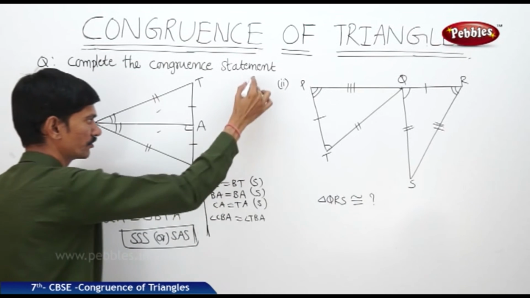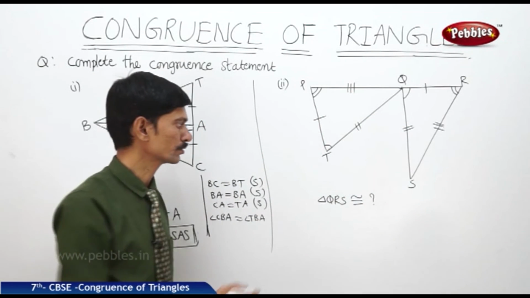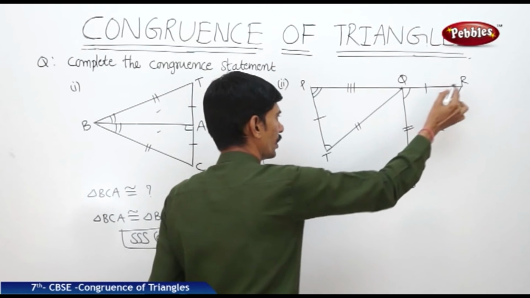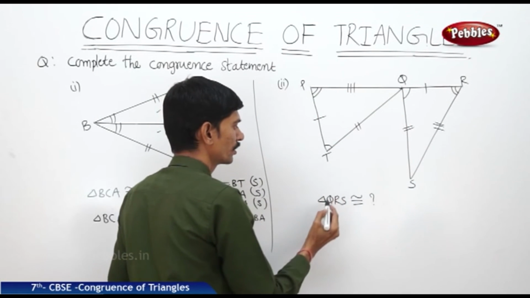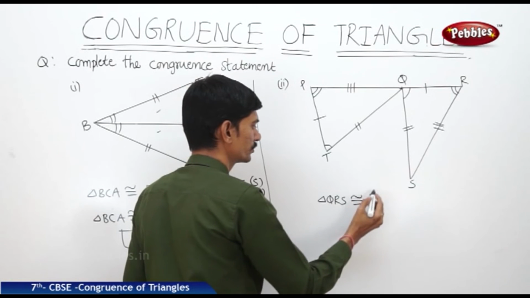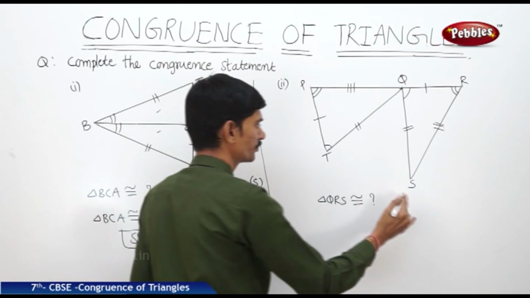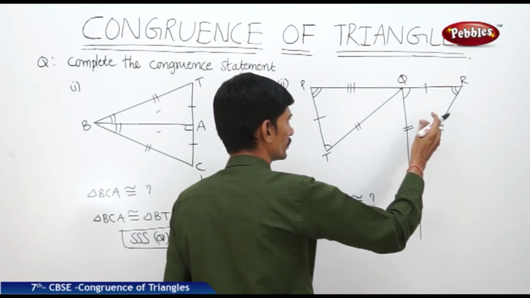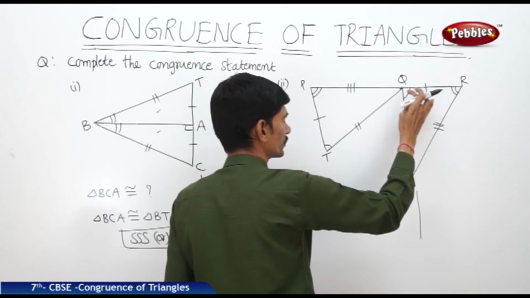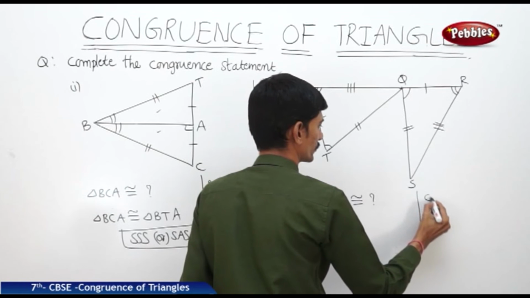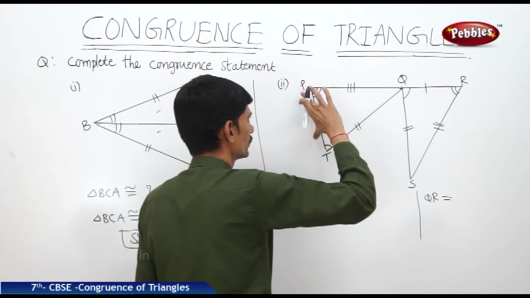Now let us take the second question. In this also there are two triangles, the two triangles are QRS and PQT. Now the triangle QRS is congruent to what? First we will find the corresponding parts. In the first triangle QRS, QR equals PT.